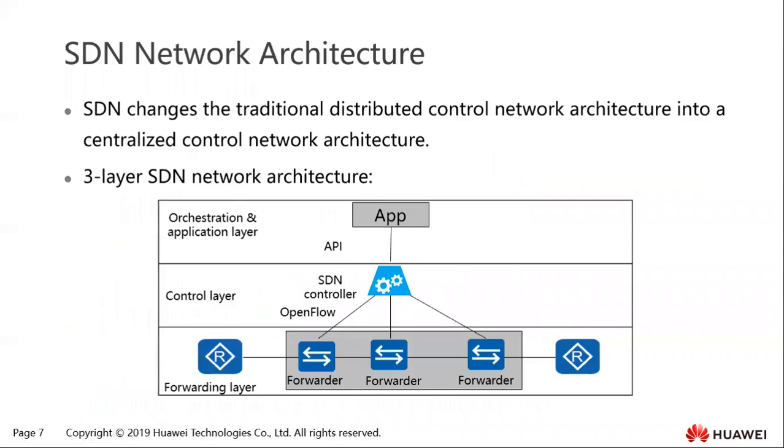Okay, so now let's look at the architecture. The SDN network architecture is a 3-layer architecture. The first layer is called the orchestration and application layer, and then we have the control layer and the forwarding layer. The orchestration and application layer consists of application programs that are used to meet service requirements for the users.